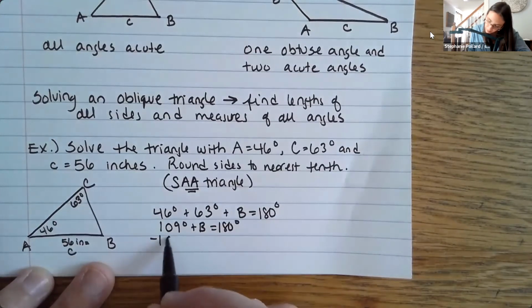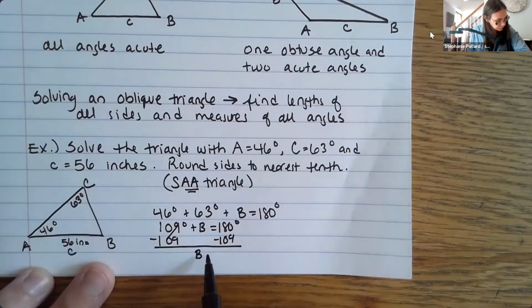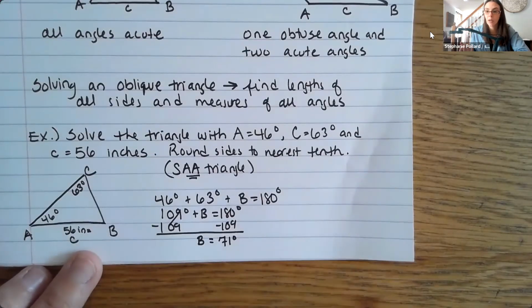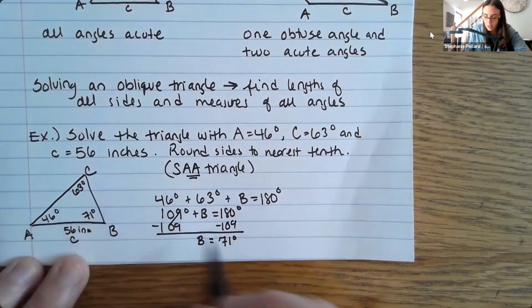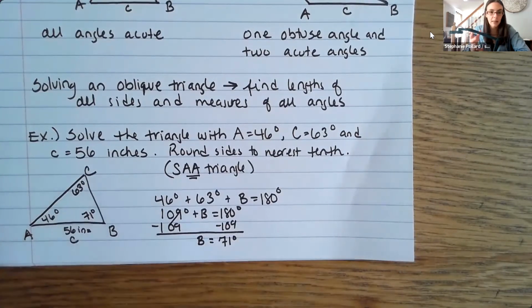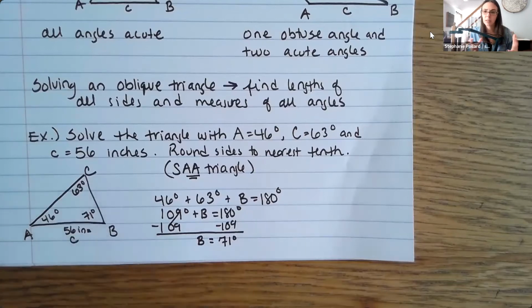And then I can subtract 109 on both sides, and I get my last angle is 71 degrees. So actually my picture isn't too bad. They're all acute angles because they're all less than 90, so I don't have an obtuse angle there. Otherwise, maybe I should redraw my picture. But this looks pretty good. If you have acute angles, your triangle is going to look something similar to this.